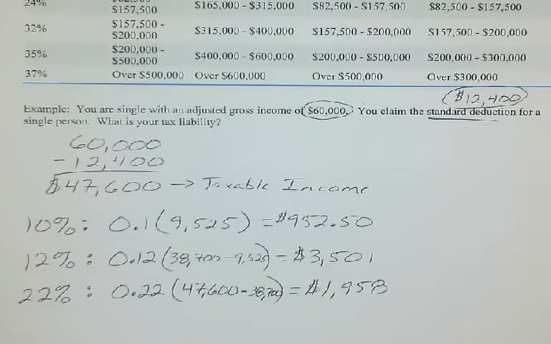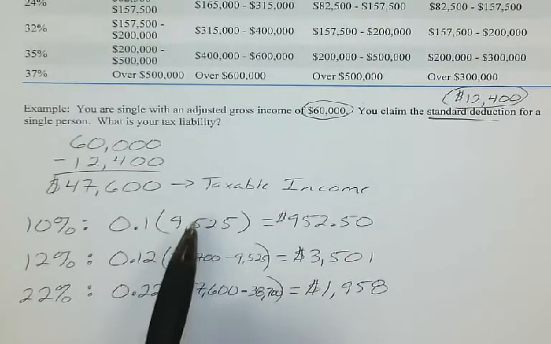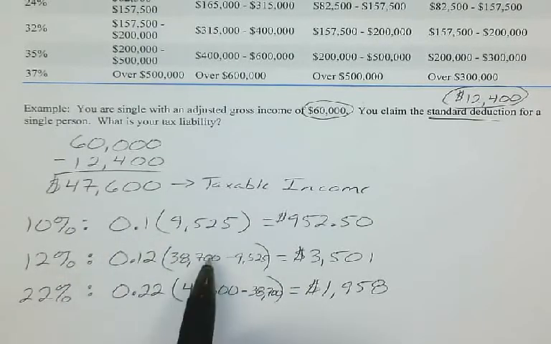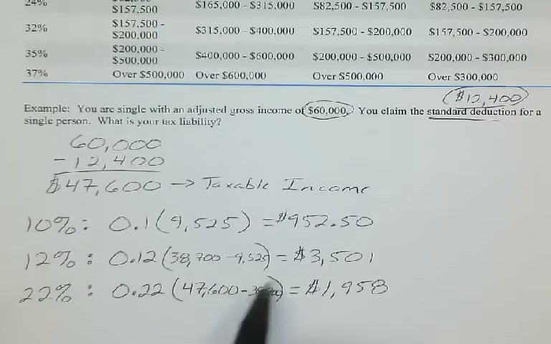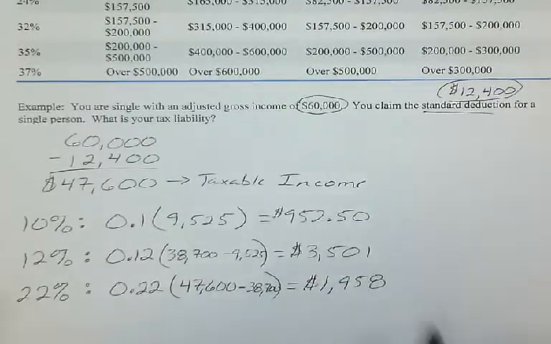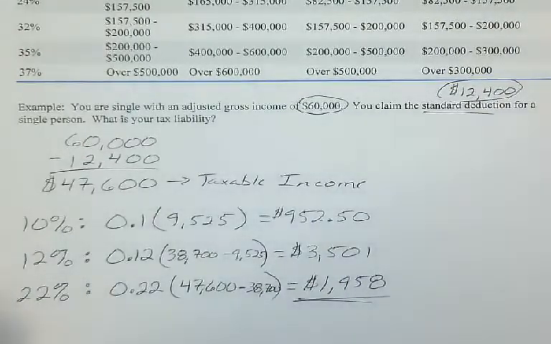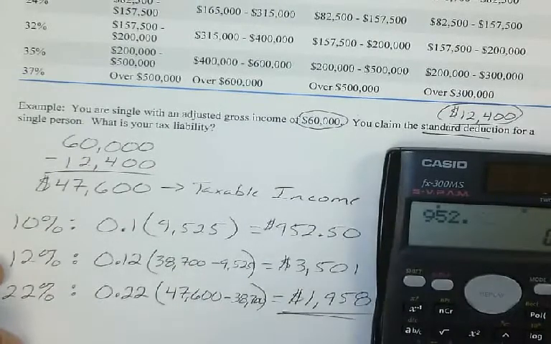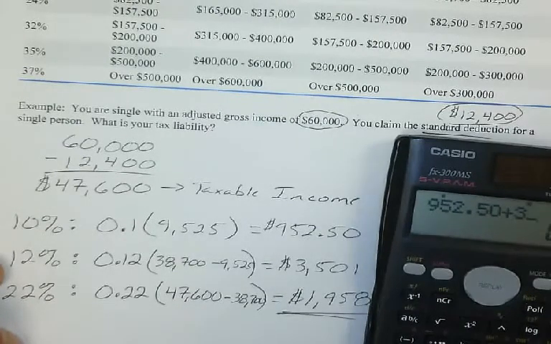Now we're not done. Notice, they paid 10% on this chunk, 12% on this chunk, and 22% on this chunk of their income. Now we have to add up the total taxes. We add these three values up: $952.50 plus 3,501 plus 1,958.